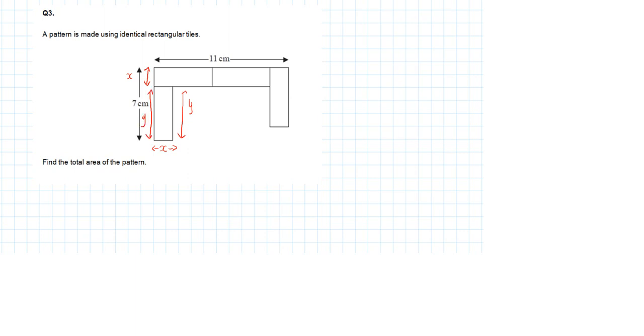So from here we can say x plus y equals 7. And from here we know that this is y, because all the rectangles are identical. This is y, and that is x.